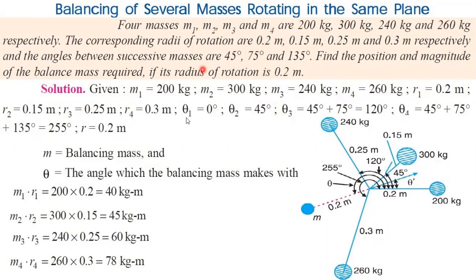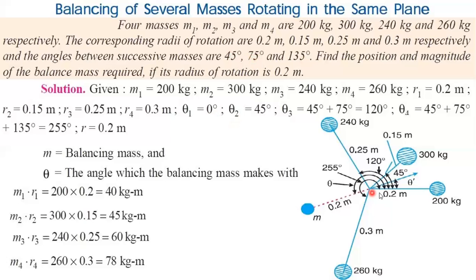Initially the starting point will be 0, so theta 1 will be 0 degree and theta 2 is 45 degree. Successive mass means from M1 to M2 the angle is 45 degree, from mass 2 to mass 3 this angle is 75, and mass 3 to mass 4 is 135.